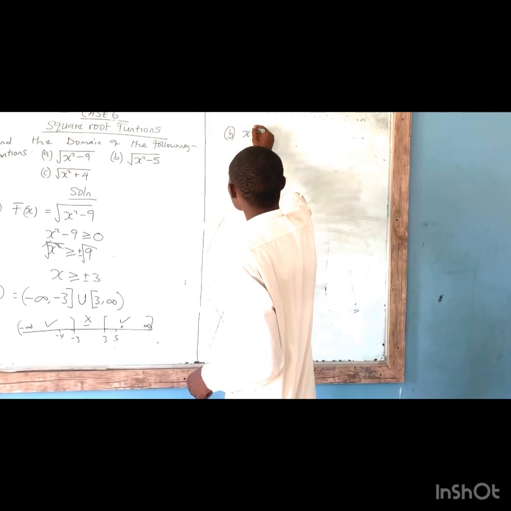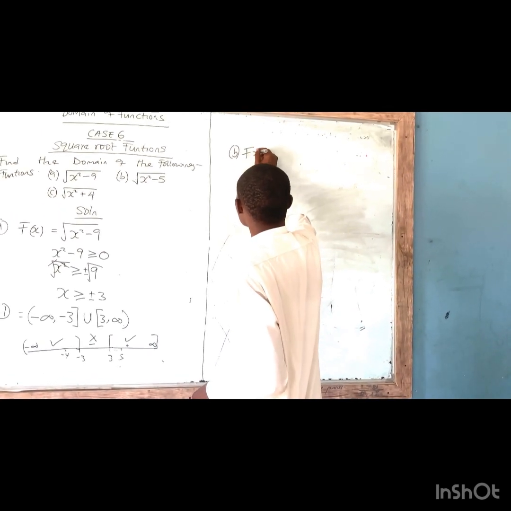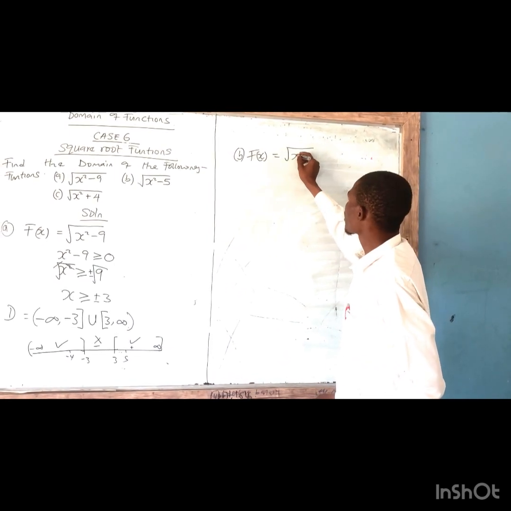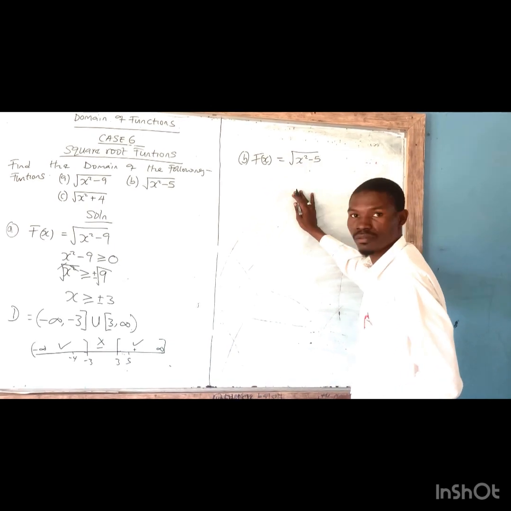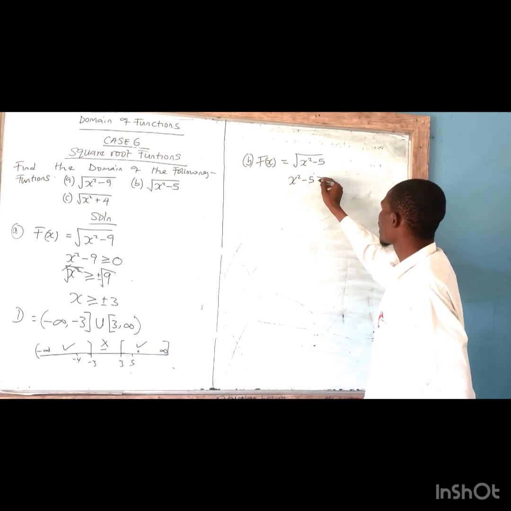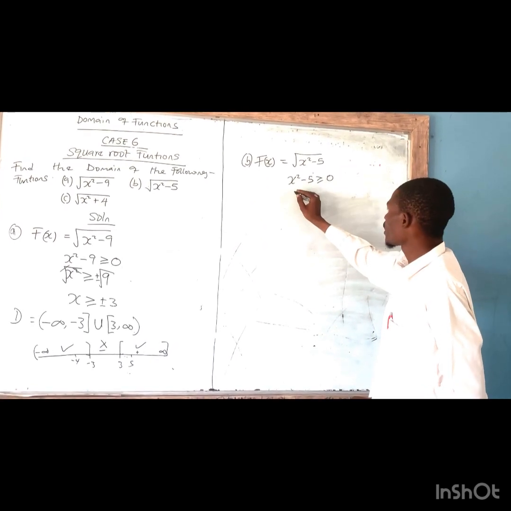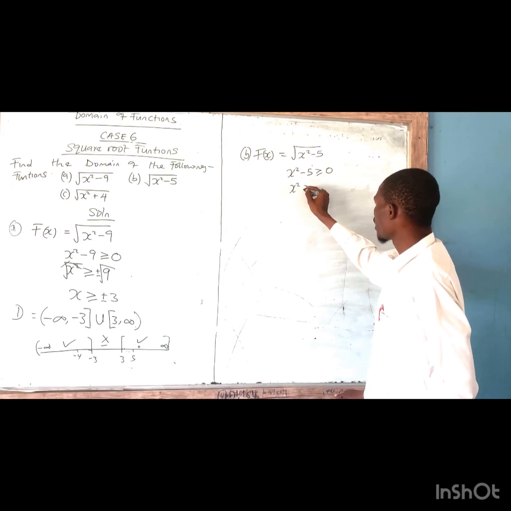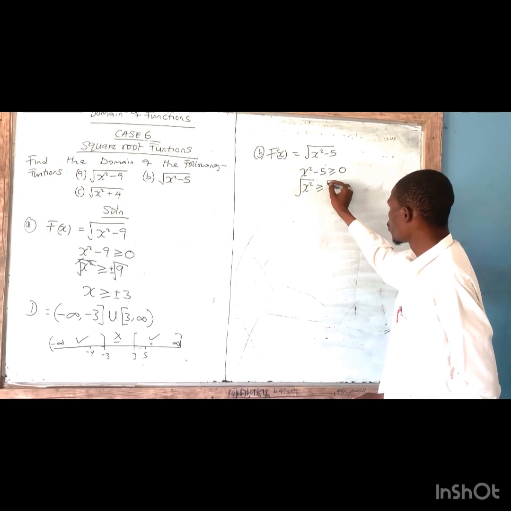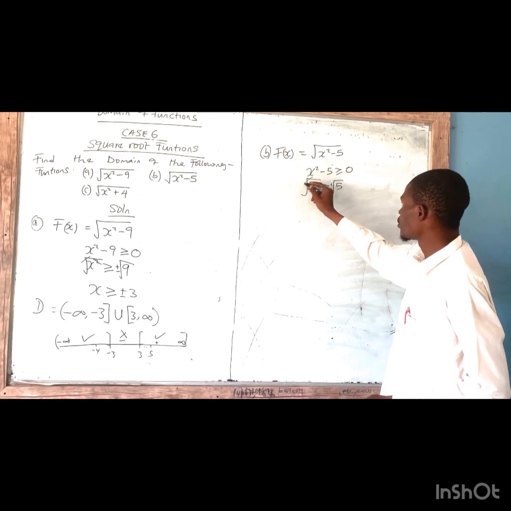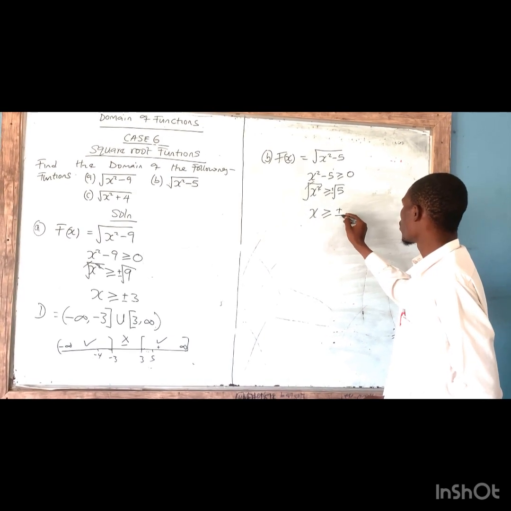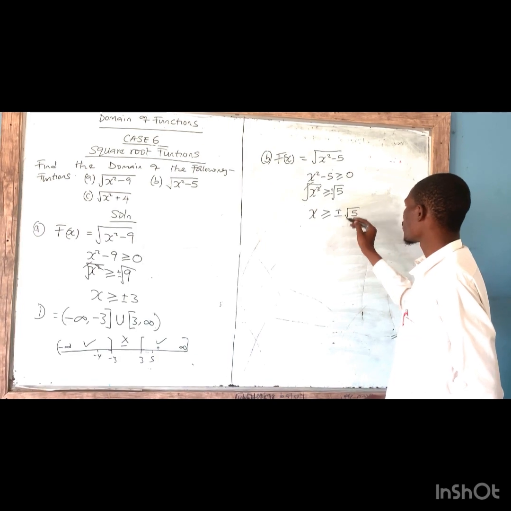B says f of x is equal to square root of x squared minus 5. So we can say x squared minus 5 must be greater than or equal to 0. That means x squared must be greater than or equal to 5. Now we take the root of both sides and introduce plus or minus. So x must be greater than or equal to plus or minus root 5.